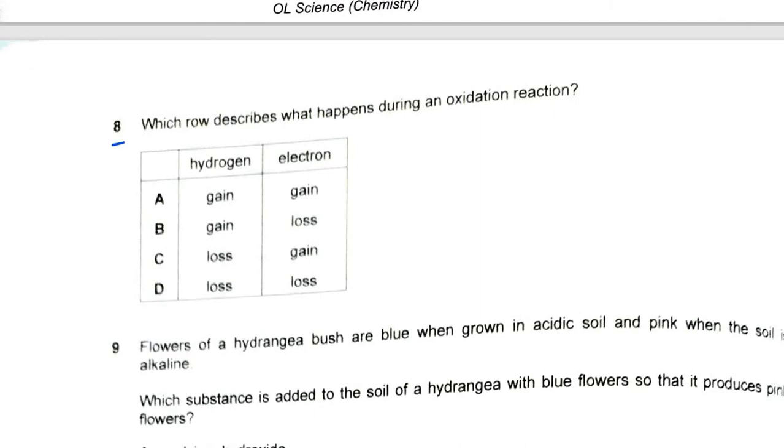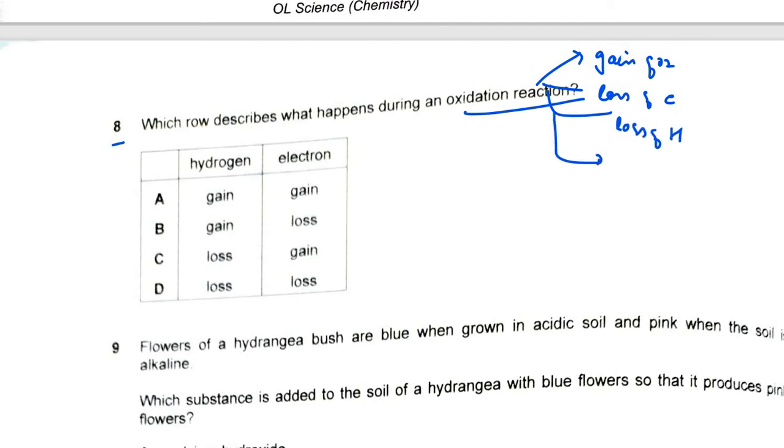Now let's see question number 8. Which row describes what happens during an oxidation reaction? Oxidation, last video also I told you there are 4-5 definitions. Oxidation is gain of oxygen, loss of electron, loss of hydrogen, and increase in oxidation state.